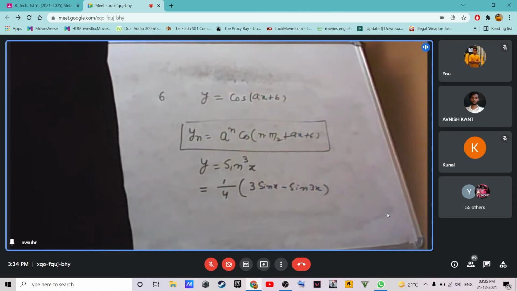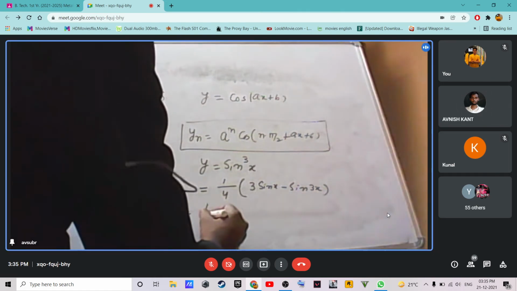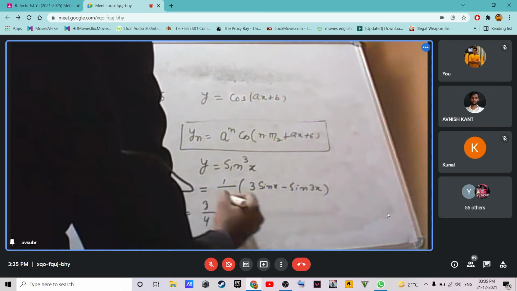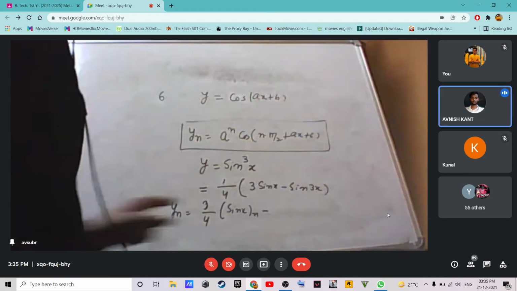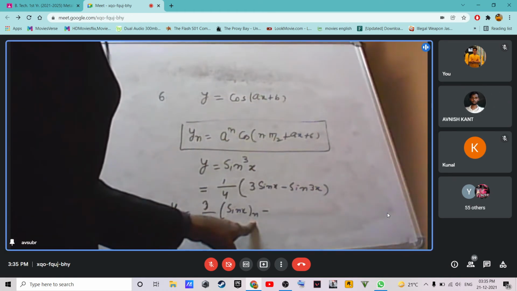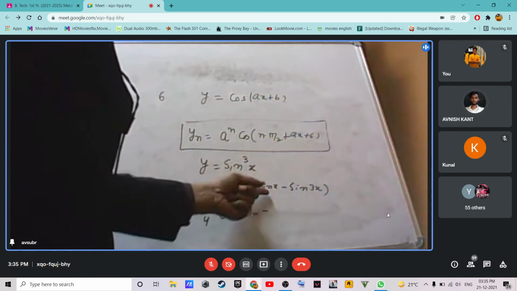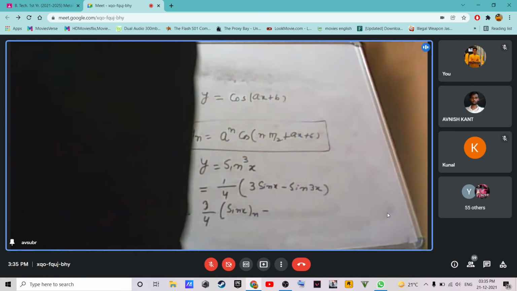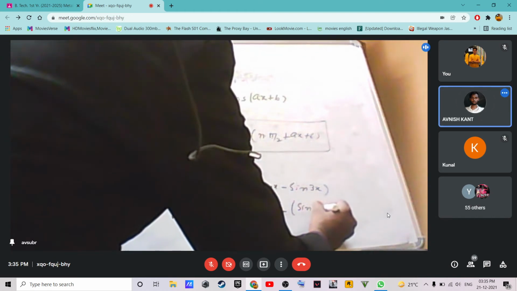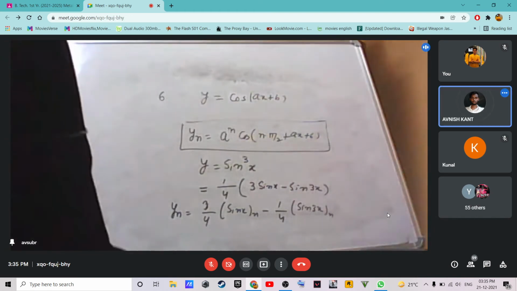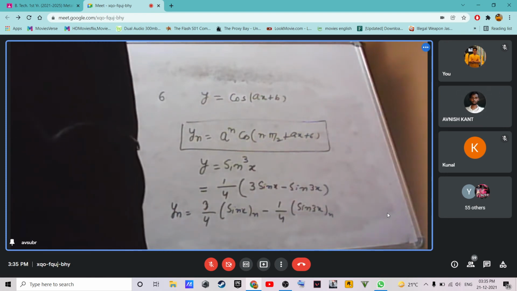Is it okay? So now the nth derivative will be 3 by 4 times the nth derivative of sin x, minus 1 by 4 times the nth derivative of sin 3x. We have to do n times for this one also.